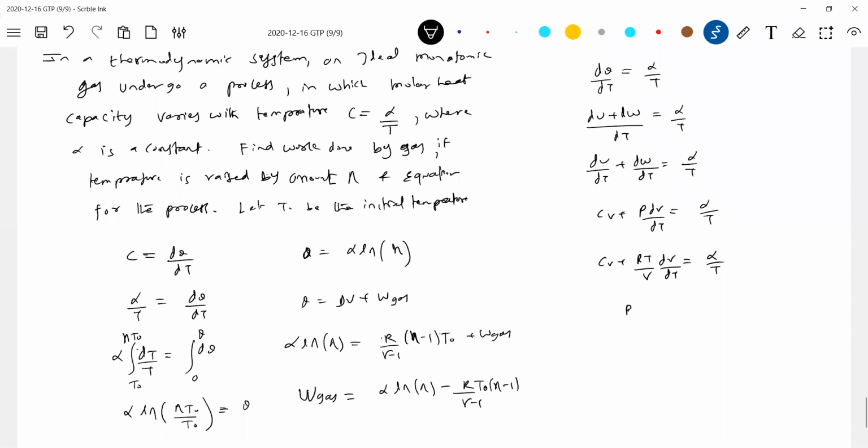Okay, this will be RT dV by V dT equal to alpha by T minus Cv. So dV by V is equal to alpha by T minus Cv, dT by RT.